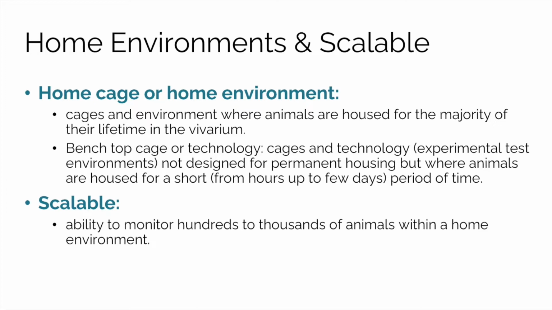Those types of technologies exist, and they have an enormous impact on drug discovery and development. But here we're talking about home environments. They're also scalable. What do we mean by scalable? Scalable means that we have the ability to monitor hundreds to thousands of animals within their home environment.